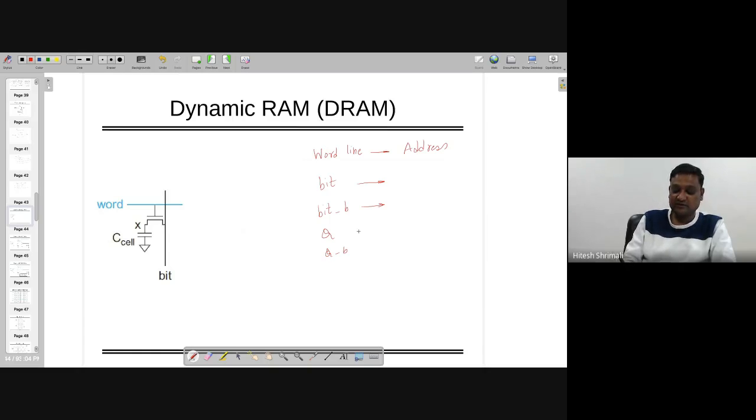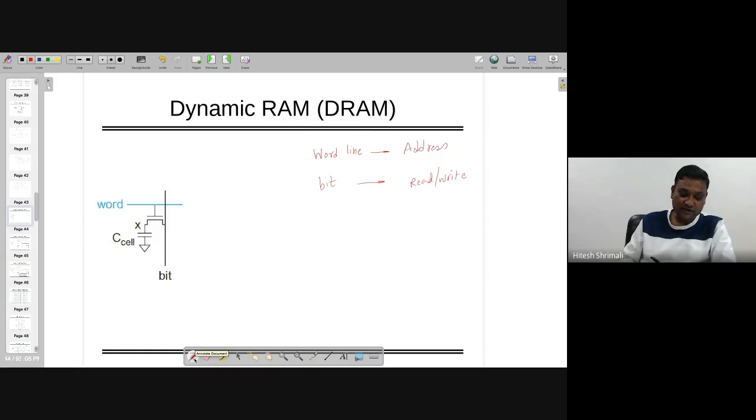All these Q and Q bar were the states of the memory, and bit and bit bar are used for read and write. This was the case for SRAM. In the case of DRAM, you do not have so many things. You are going to have only the following: word line and bit line.